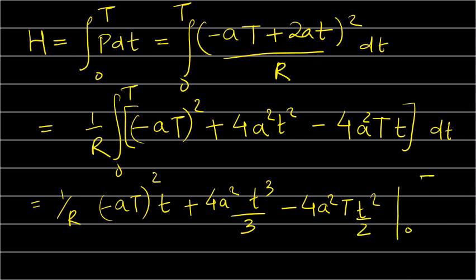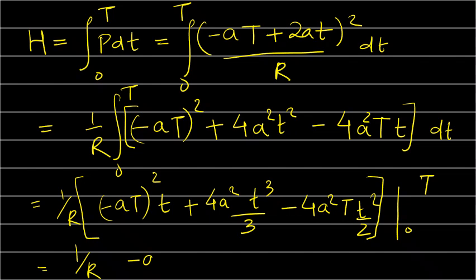We do it. This is in the bracket. So 1 by r. So this is everything. If we put 0, this is 0. So only the upper bound works. So it is minus, sorry.